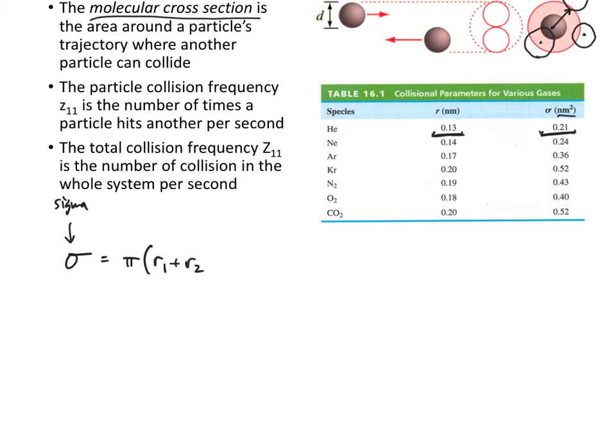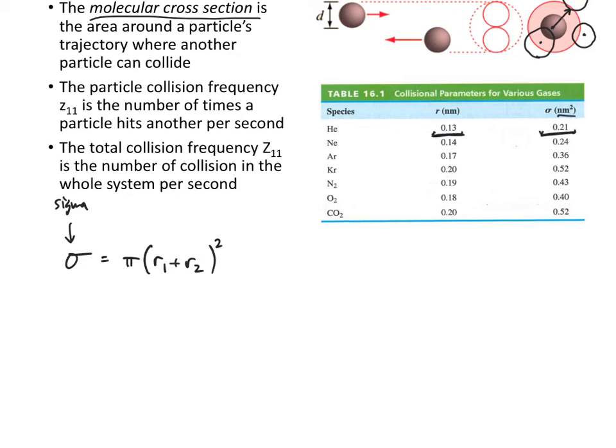If this is a pure gas, then both R1 and R2 are going to be the same number, and then you square that, okay? So that's going to be the cross section. Maybe you can see the formula for the area of a circle.